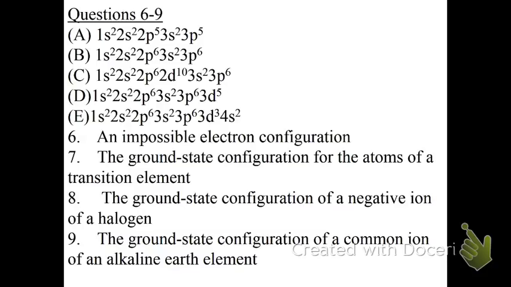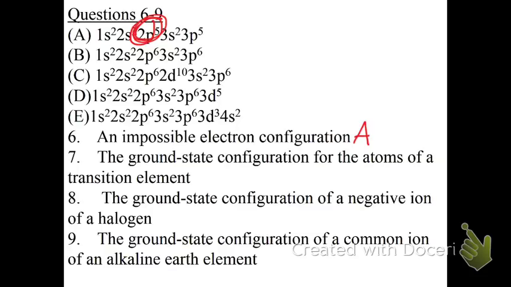Here's a couple of questions. We got these answer choices. Which one of these would be an impossible electron configuration? We're going to look at the first one, 1s2, 2s2, 2p5. I think we found our winner on that. That would be impossible because we have to completely fill that with 6 before we go on to 3s2.